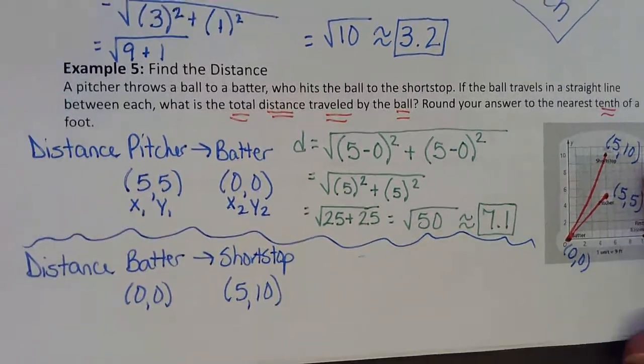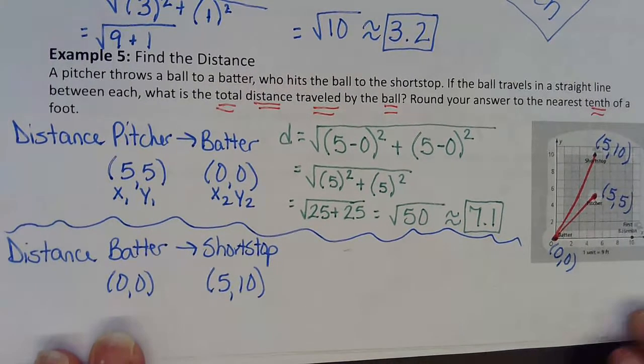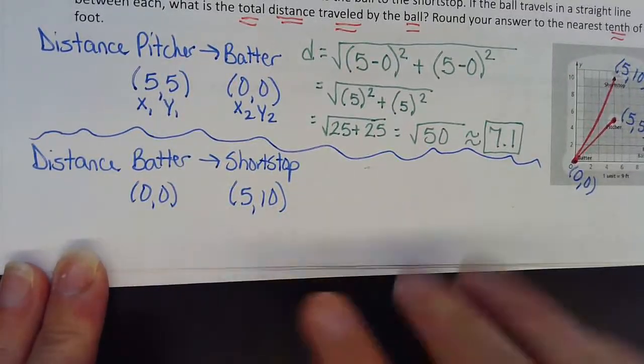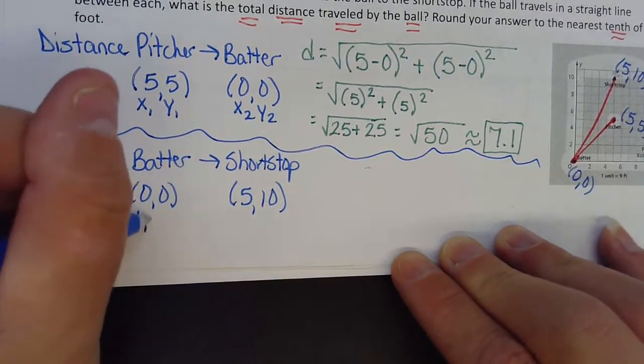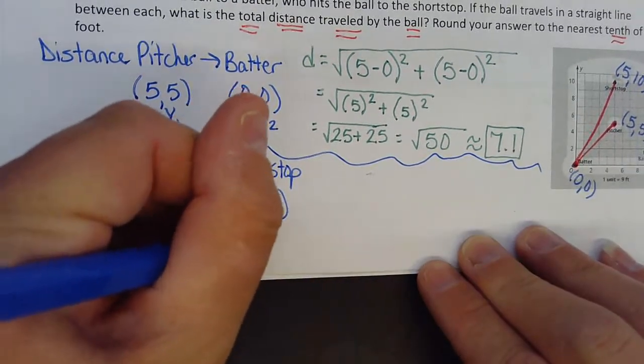I'm trying to keep this as organized as possible. As you can see, there could be many, many places for this to get kind of messy and all messed up and everything running together. So if I try to keep it as organized as possible, it might make it a little bit easier to understand what's going on. So I'm going to label my points. The batter is going to be my X1, Y1 in this case. My shortstop is going to be my X2, Y2.